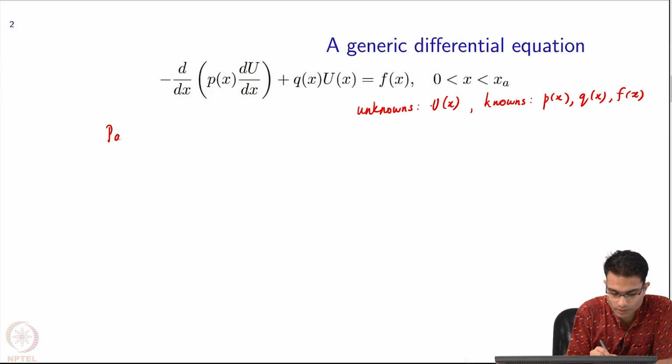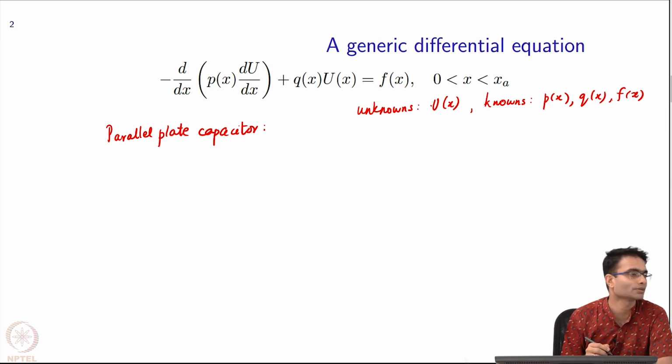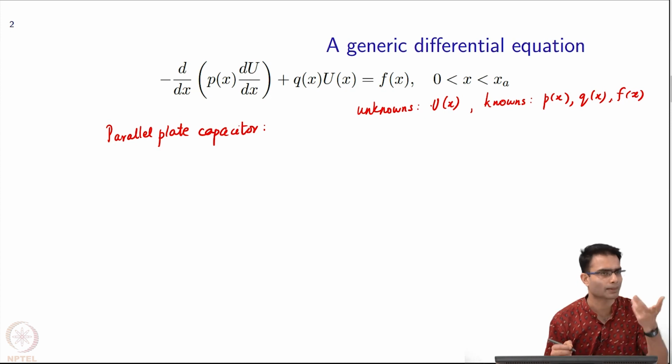So, for example, a parallel plate capacitor, a DC problem. For a DC problem, you have a charge and you want to find out the voltage. Given a charge, find out the potential everywhere. So that is also called which equation? Statics, Laplace equation, right?